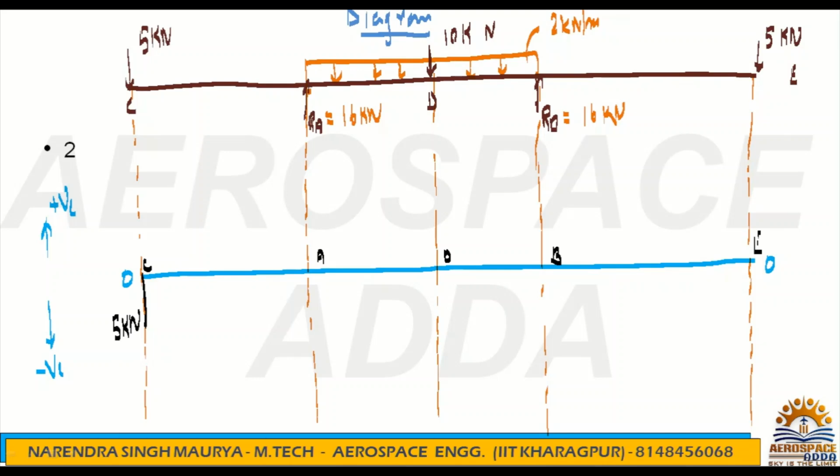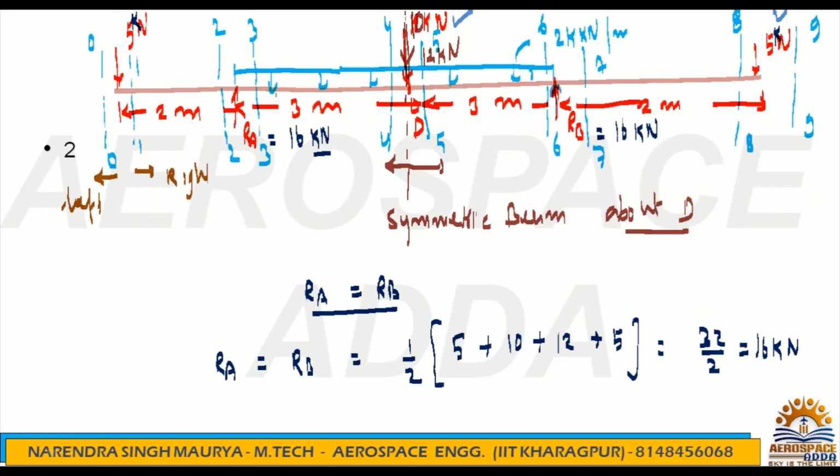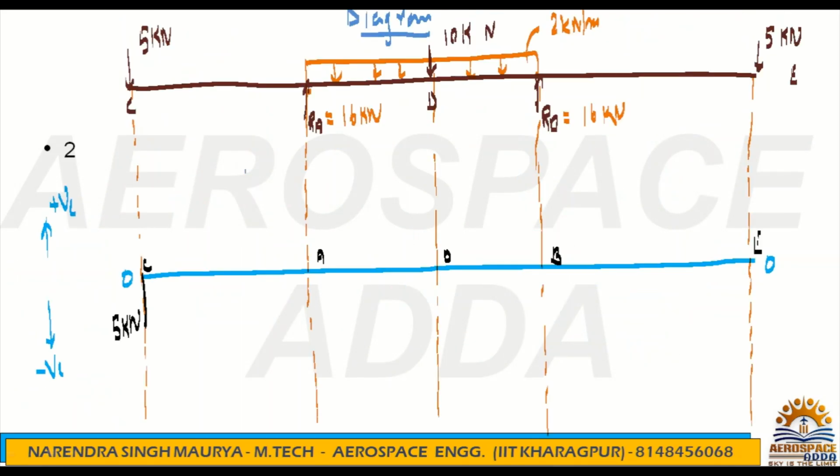And check this point, which is nothing but A. If you remember, what was the point? See, exactly at point A. You are talking about 2-2 and 3-3. So just before RA, it was 2-2. What is the 2-2 now? 2-2 is minus 5 kilonewton, meaning till this moment it was 5 kilonewton.